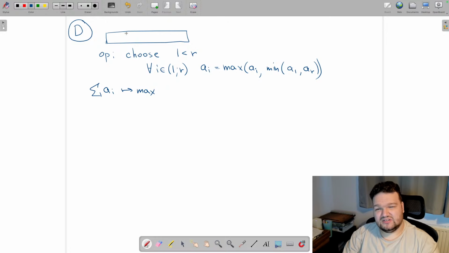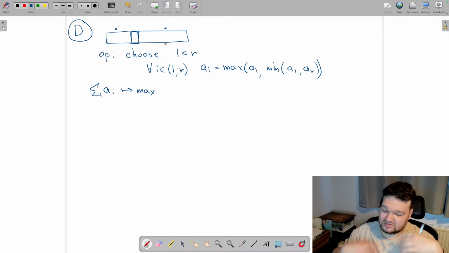Well, we can take a look at some position and try to understand how will it change. So we have some number here, then we will do some operations. To change that number in the operation, we need to take some number on the left and some number on the right, and then we will update this with minimum of those two numbers.